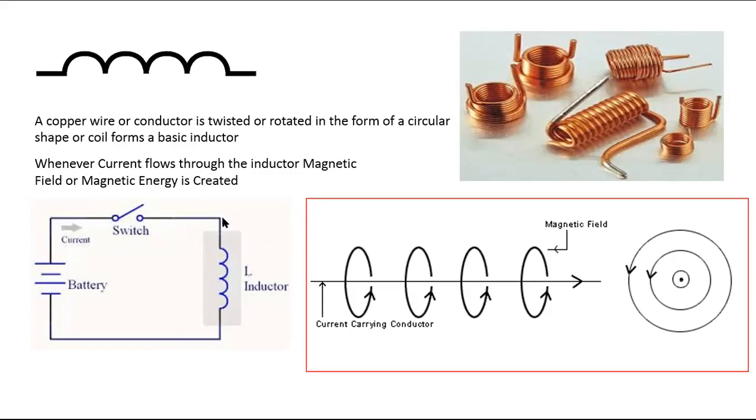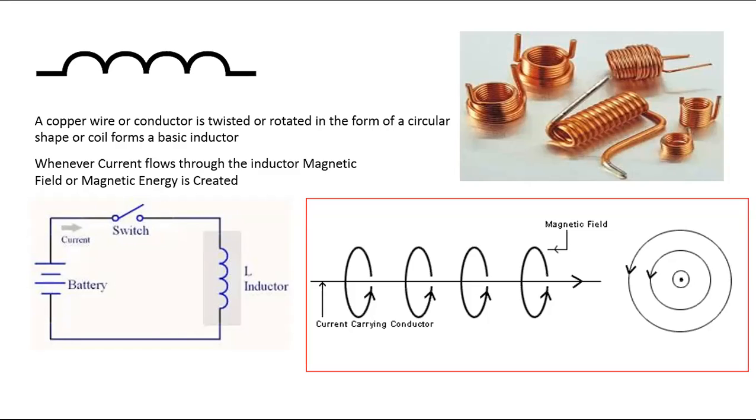So remember all of you, what is an inductor? All students, what is an inductor? A copper wire rotated in a circular shape is called an inductor. Basic means a basic small inductor we are saying.